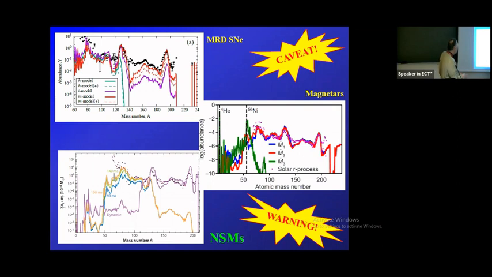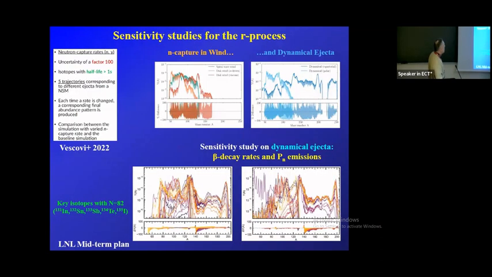In any case, you see that different models may attain the production of different isotopes, and this will be further explained by Matteo in the afternoon. But basically, it is related to the availability of neutrons in your environment. So how can we improve the situation from the experimental point of view?